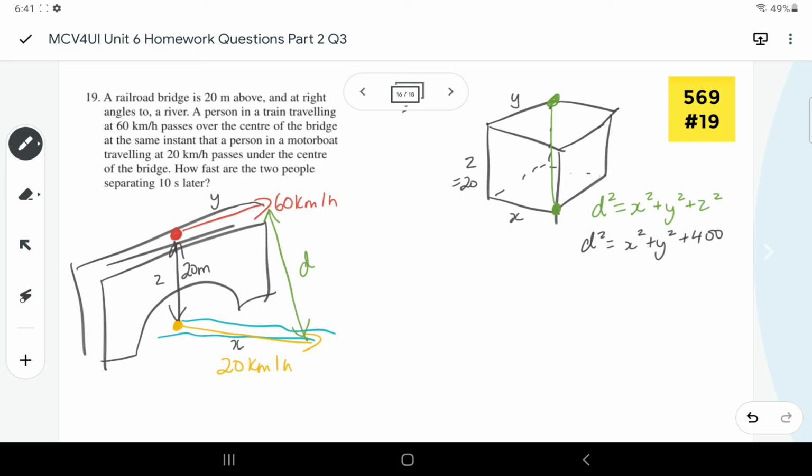A couple of things that we're going to need is our 3 variables here. I've got d, and I want to know dd dt. I'm going to have to figure out x, dx dt.